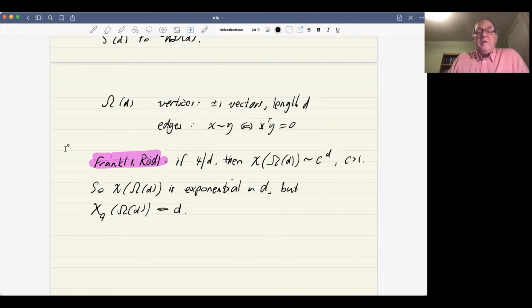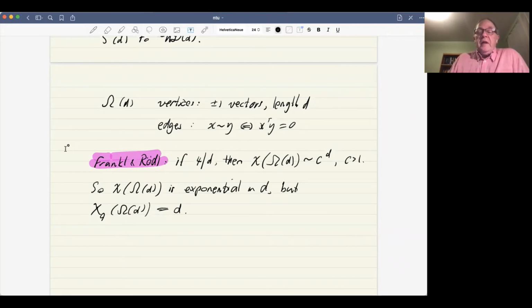So the interesting case is when 4 divides D, and in a deep paper by Franklin-Rödl, actually quite a bit harder than Gleason's result, they proved that the chromatic number of this orthogonality graph on plus or minus 1 vectors is of order C to the D, where C is some real number greater than 1.